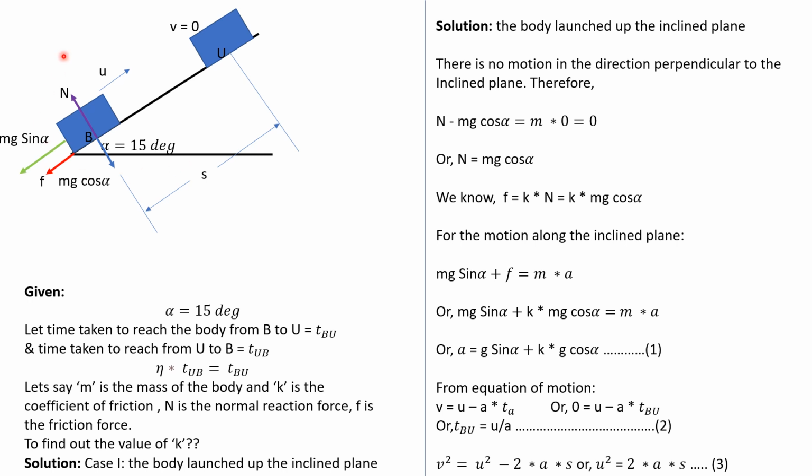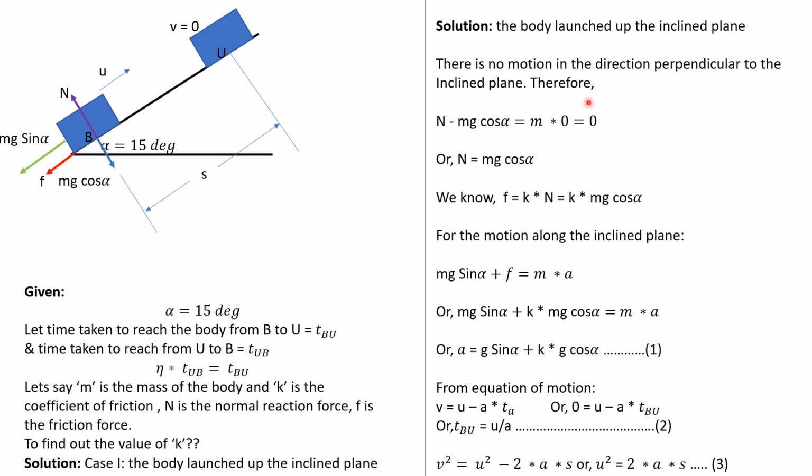For solving, let us say the mass is m, k is the coefficient of friction, capital N is the normal reaction force, and small f is the friction force. The body is launched up the inclined plane.